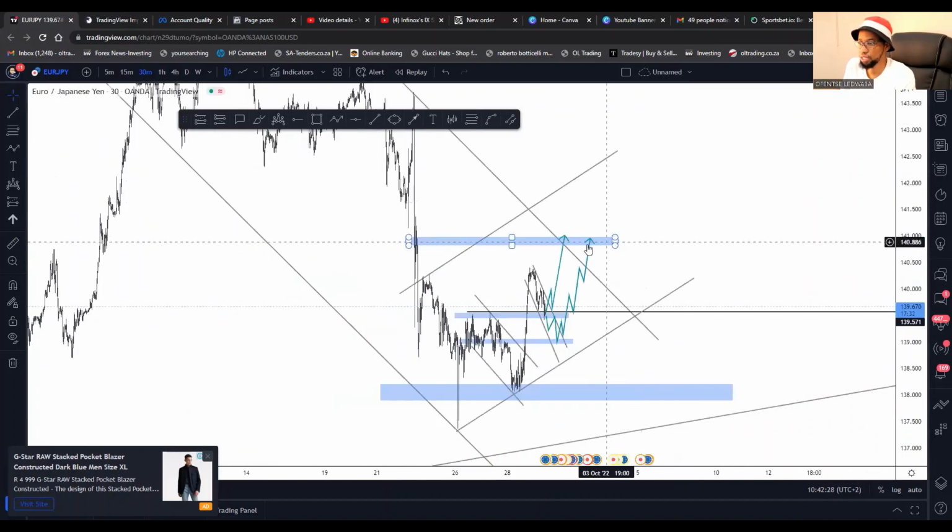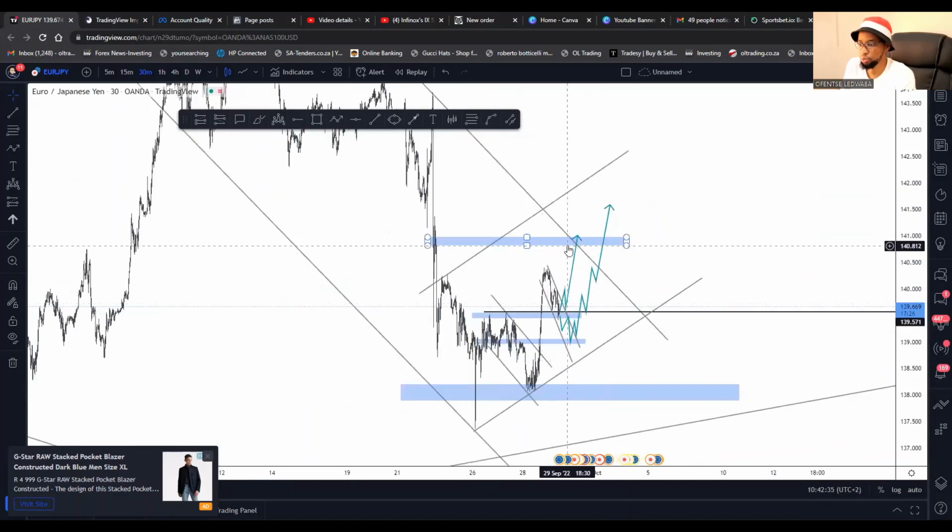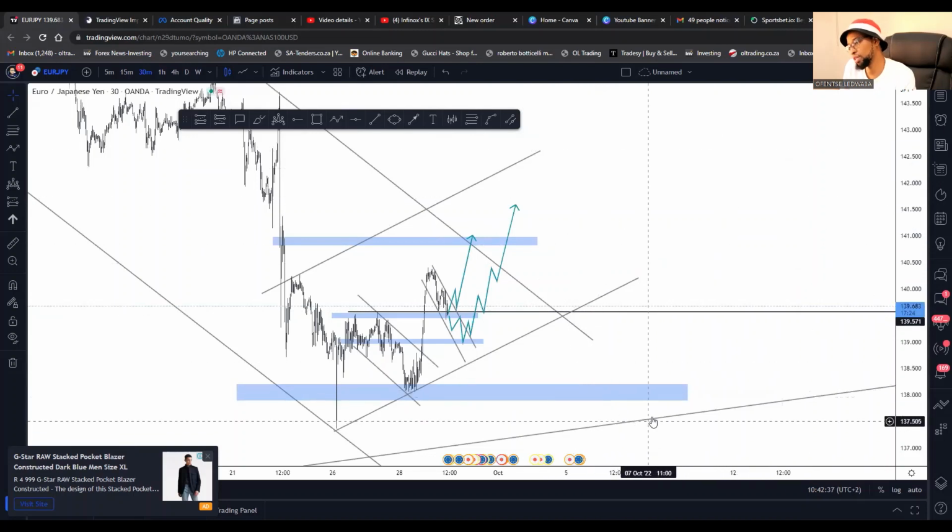Development of a trend, and you can see we are developing a trend following into the bigger one.